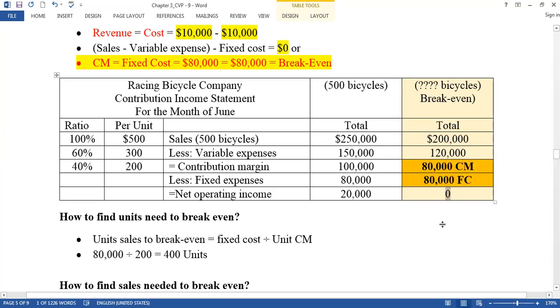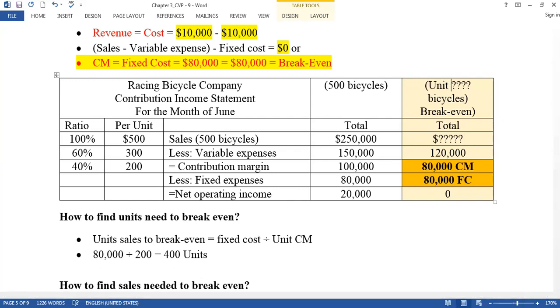Clear? Then, for example, at this moment, you know that if you sell $200,000, you have no profit, no loss. Then I can change this number to a question mark. So here I have units question mark.